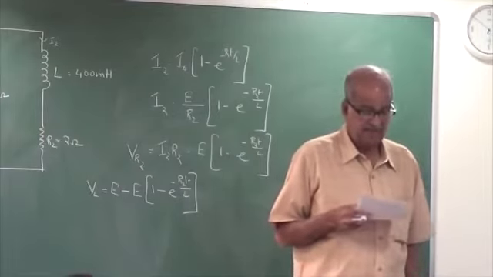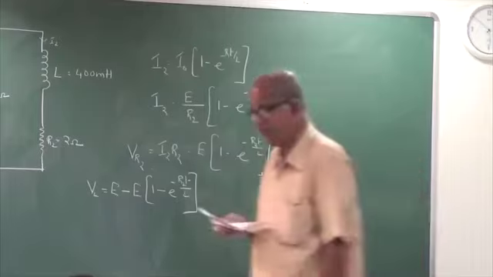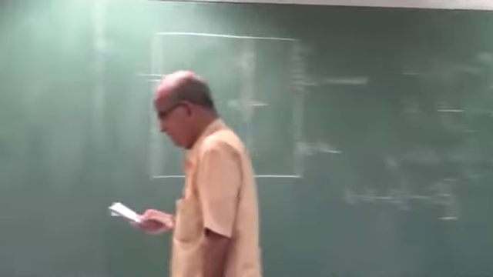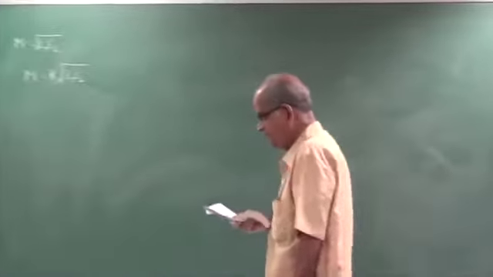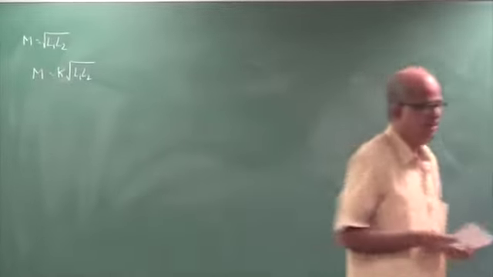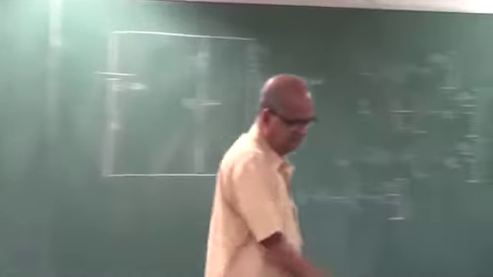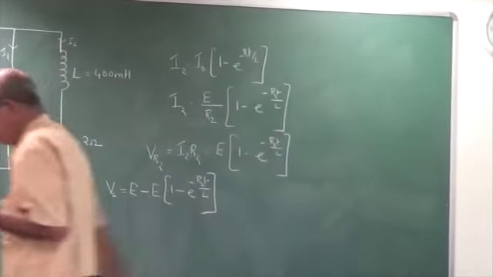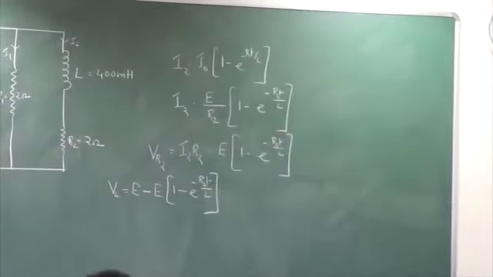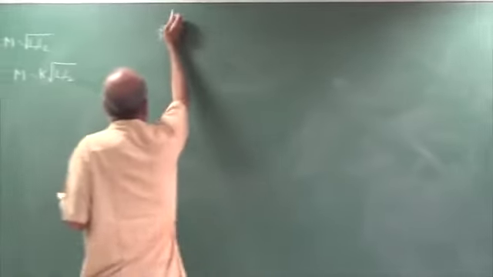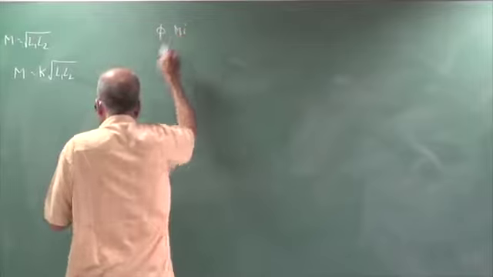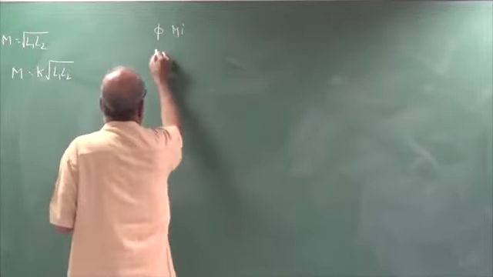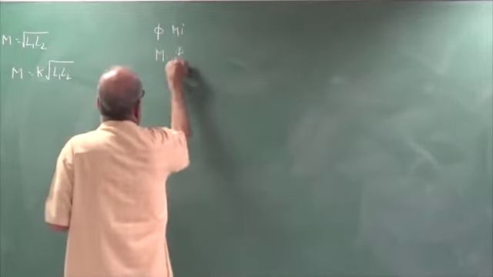When a current of 3 amps flows in one coil, a flux of 2 into 10 to the power of minus 4 Weber is linked with the other coil. Find the mutual inductance of the pair of coils. Use phi is equal to M I, mutual inductance. So M is equal to phi by I.